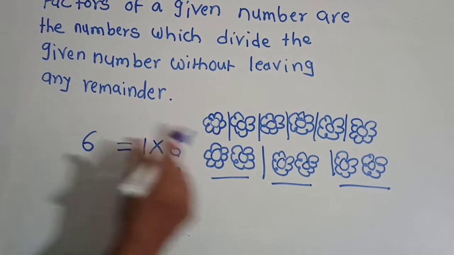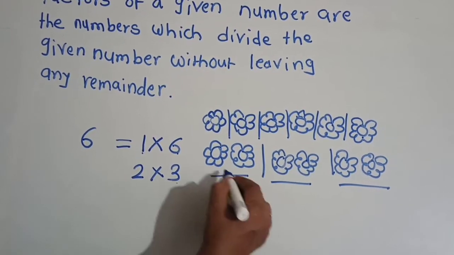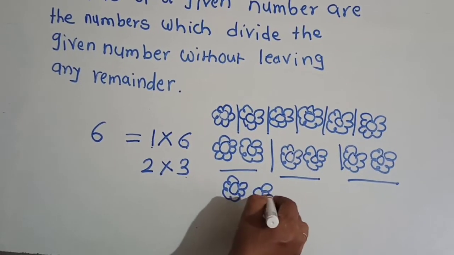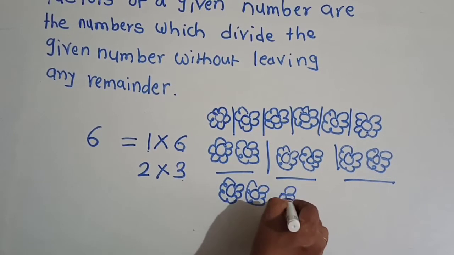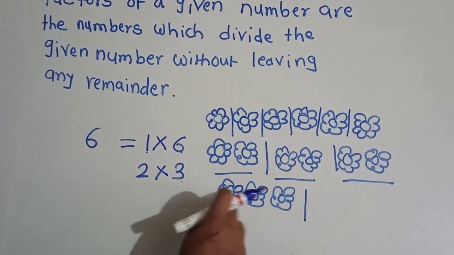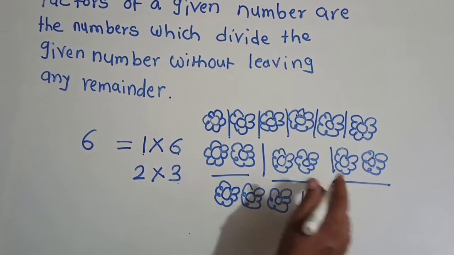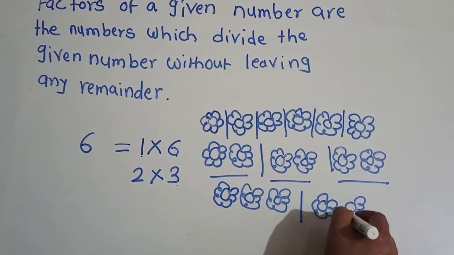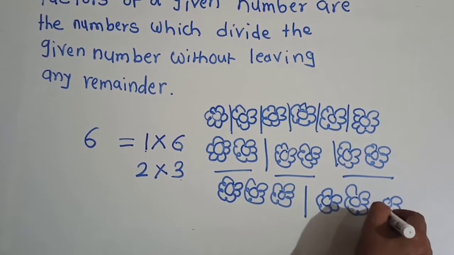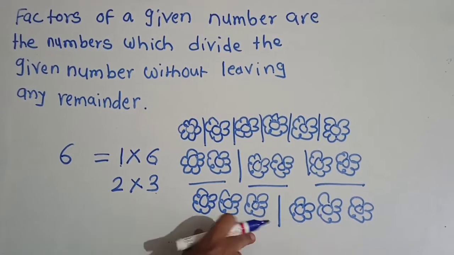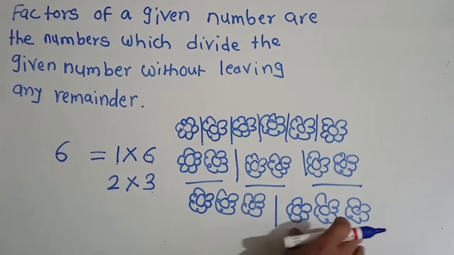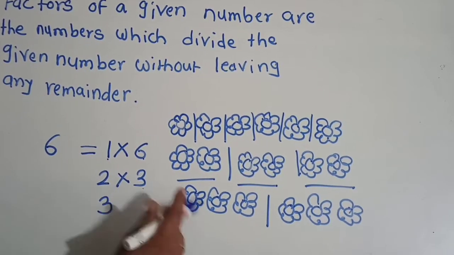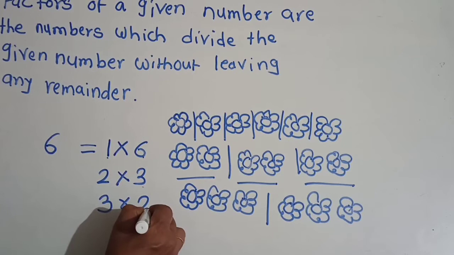Okay children. Now if we make 3 flowers in each group, and the remaining 3 flowers, 1 2 3. Yes, we make here 2 groups of 3 flowers. Means 3 flowers in each of 2 groups.